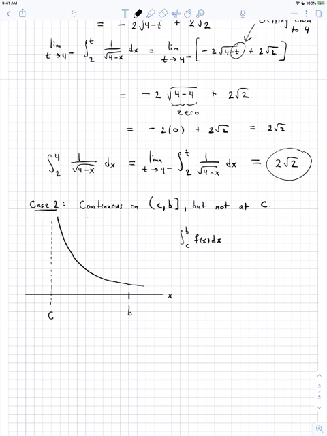So instead what you do is you pick some number, let's call it s this time. You pick s close to c, but in this case to the right of c. And that's going to give you the area again underneath the curve between s and b.